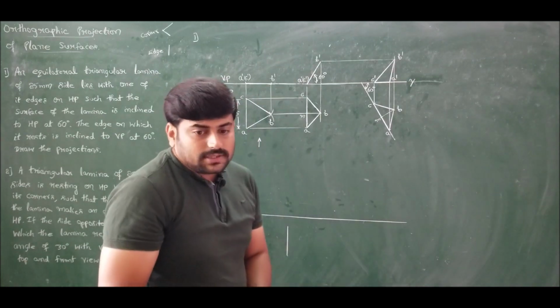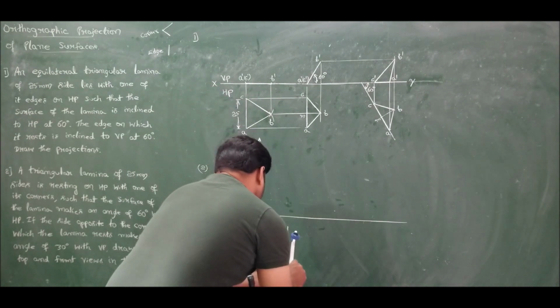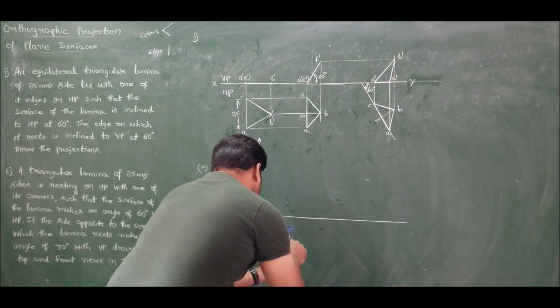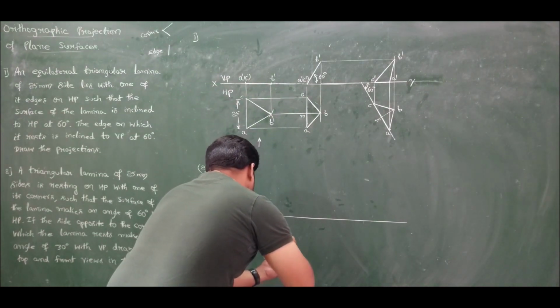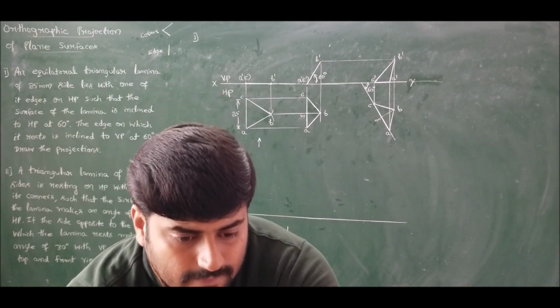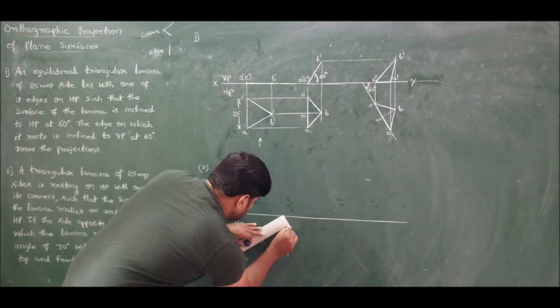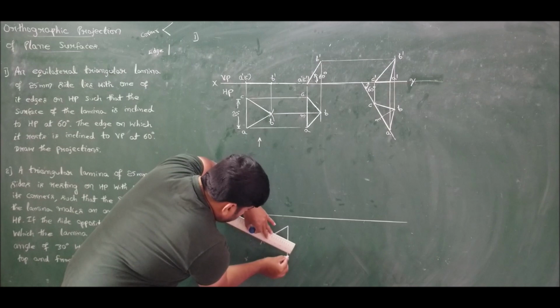Now using compass, we construct it. Using compass, we complete the drawing. Done. Complete the triangle. So this is the required triangle.